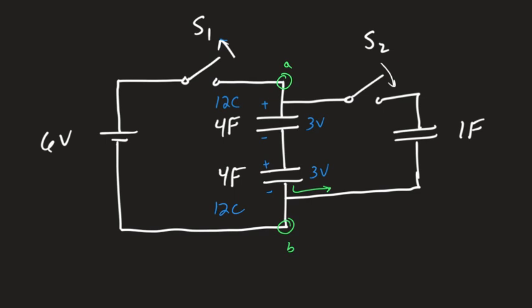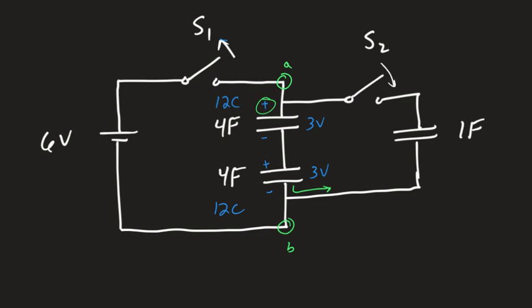Similarly, the fact that this side of the capacitor is missing charges, it's going to pull electrons from the top of this capacitor to try and equalize. So what wins? What drives this process?